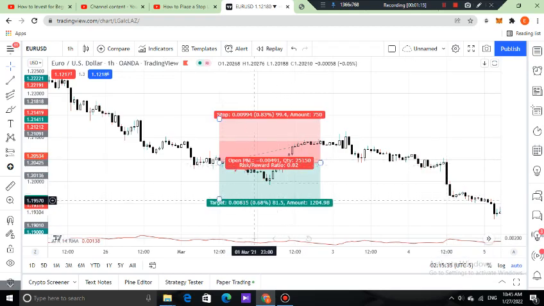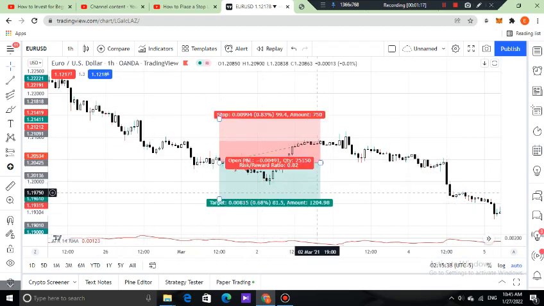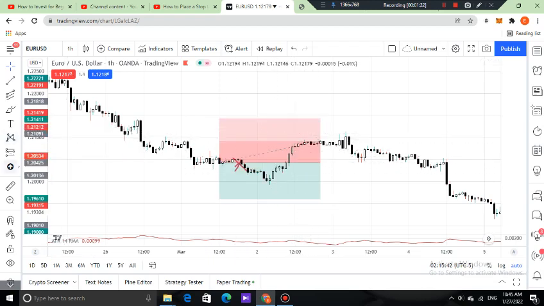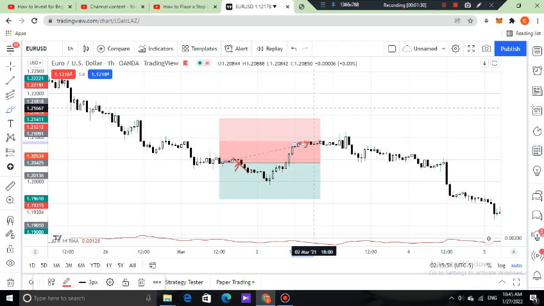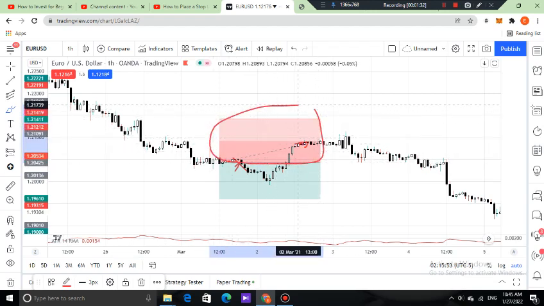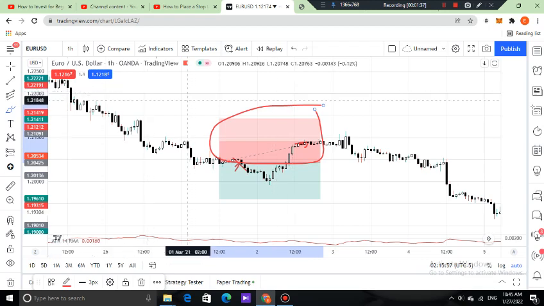Here you enter the position, you're in profit for a while, but after that there is this pullback and it goes above the entry price. Here you are in loss, you are in a stop zone. Your stop hasn't been touched yet, but you're in loss.